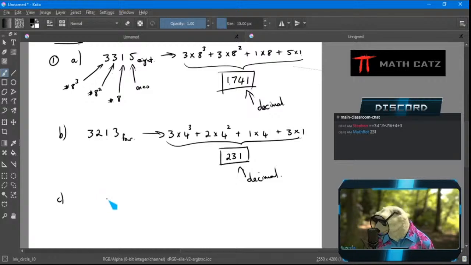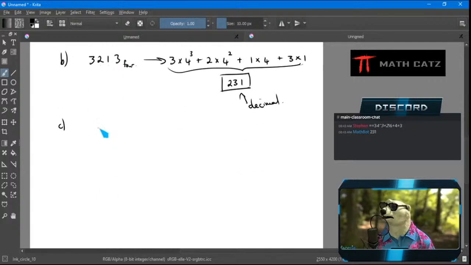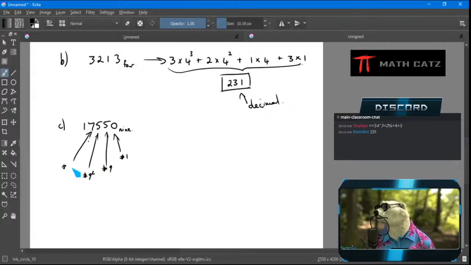Then the last one. Again, I don't want to go too fast, so let me know. 17550, and that is base 9. Let's have some arrows again, maybe. Number of ones, number of nines, number of 9 squared, number of 9 cubed, number of 9 to the power of 4.